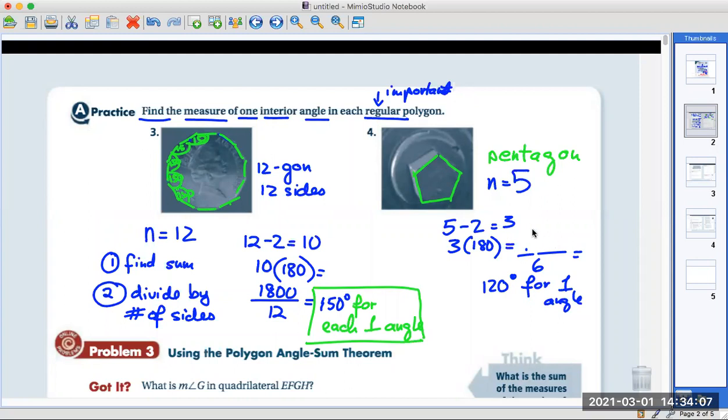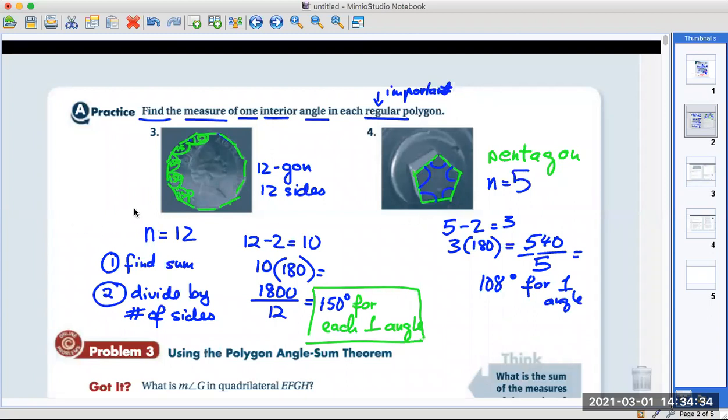And then we divide by 5. And that's it. That's all we have to do. 540 divided by 5, 108. So each angle here is 108 degrees.